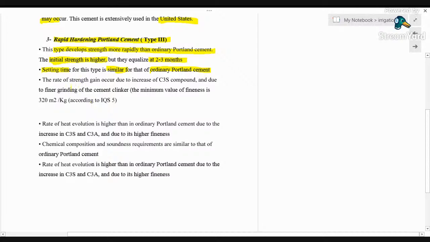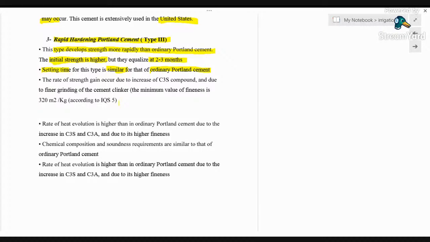The rate of gain of strength occurs due to what? I told you C3S and C2S are responsible for strength. C3A and C4AF are responsible for heat of hydration. If you increase the amount of C3S in the cement, the initial rate of gain of strength will be very high. C2S is responsible for later strength.